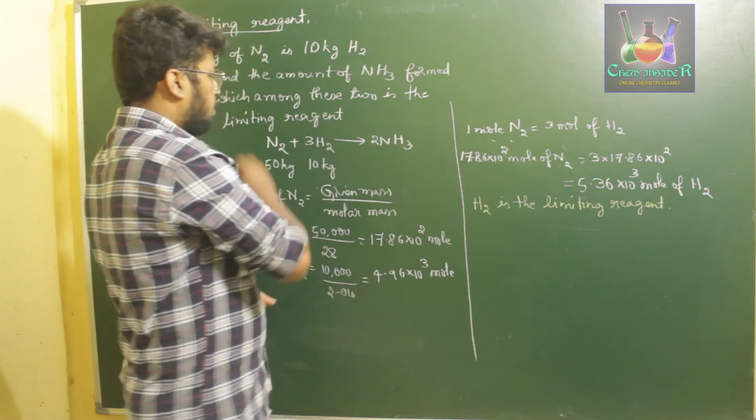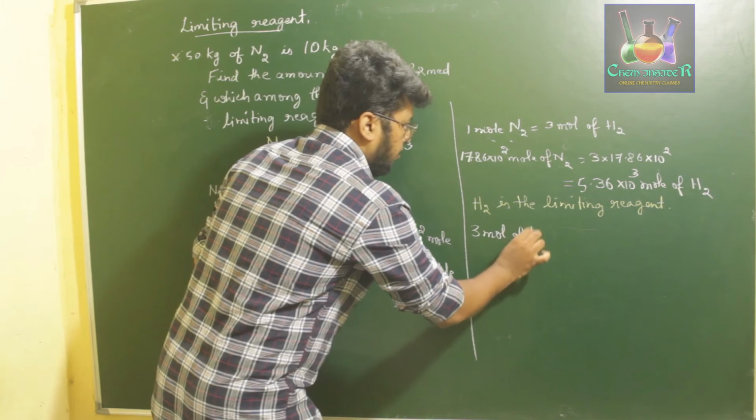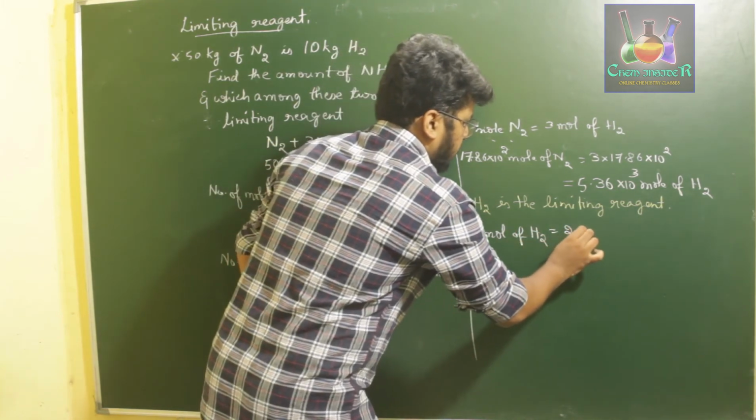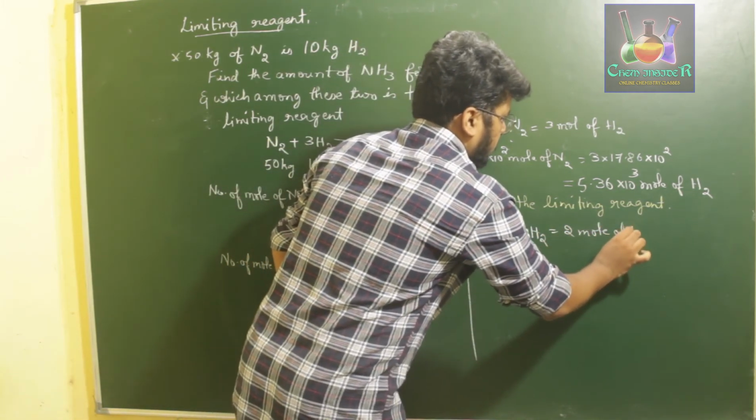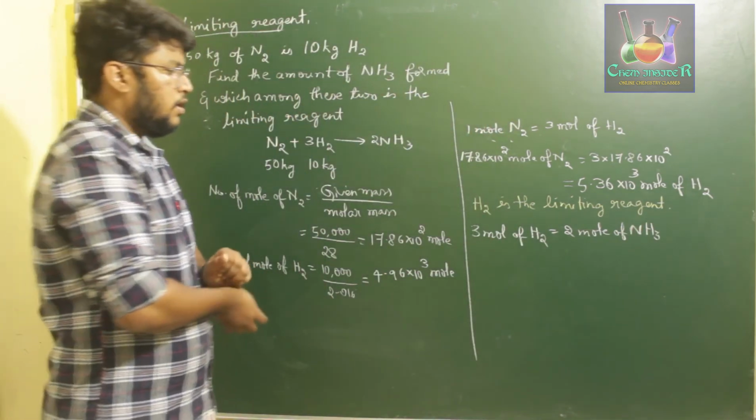From the reaction we can say that 3 moles of hydrogen gives 2 moles of ammonia. So 4.96 × 10^3 moles of hydrogen gives 2/3 × 4.96 × 10^3 moles of ammonia.